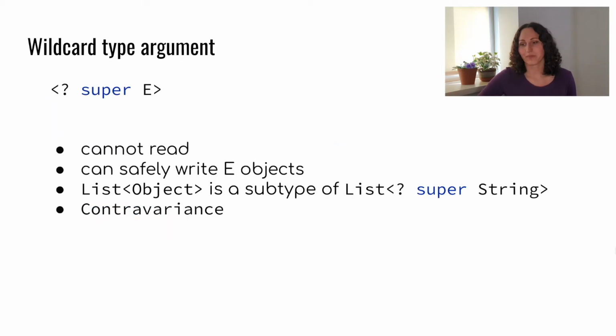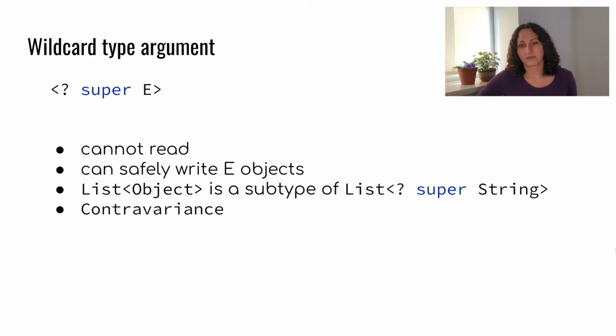And everything works fine. Of course, there is the opposite case, when we want to define a type which isn't a subtype of the current type E, but is a super type of the current type E. So it's either E or any of its super types.